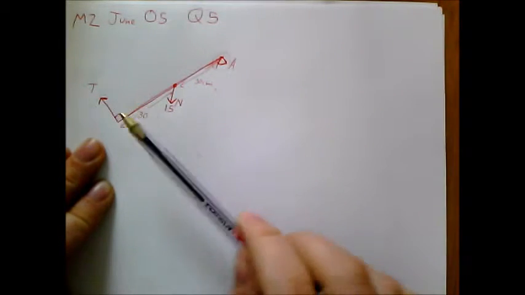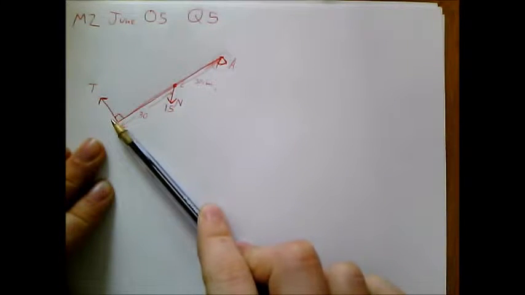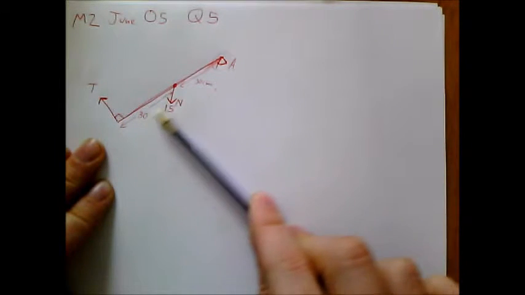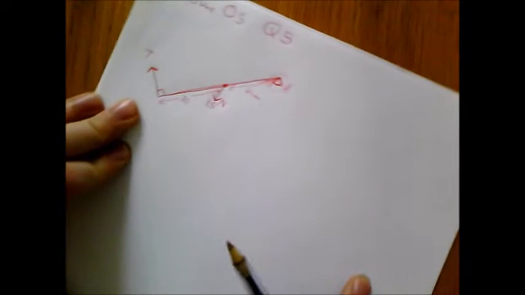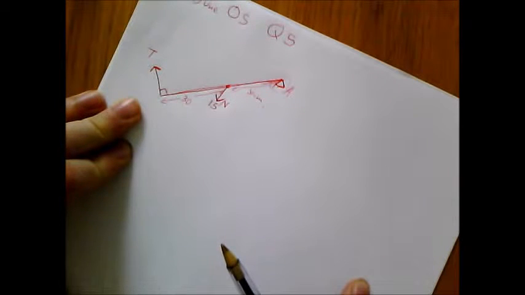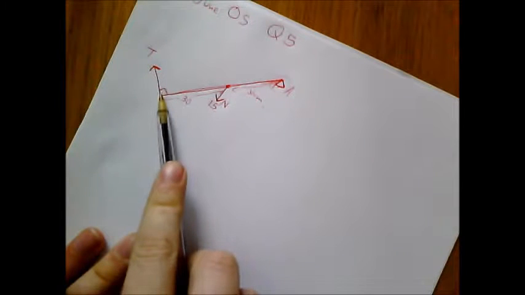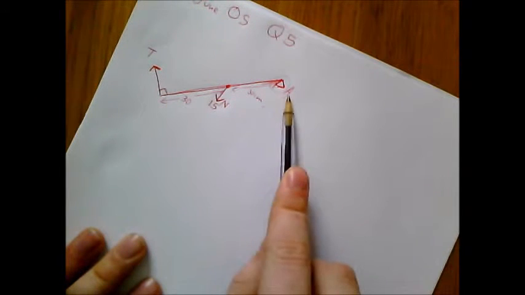Now, for a moment, I know that turning moments are caused by a force multiplied by its perpendicular distance to a pivot point. If this helps you, we can spin our paper around a little bit, and I've got a perpendicular distance here.